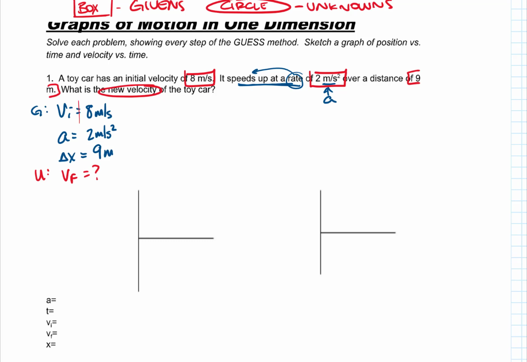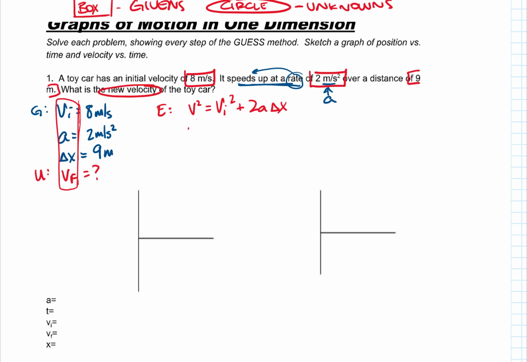So in order to do this, we've got to find an equation that has all four of these things in it and nothing else. Since there's no time here, the only equation that fits is v squared equals v initial squared plus 2a delta x. And I want the final velocity.